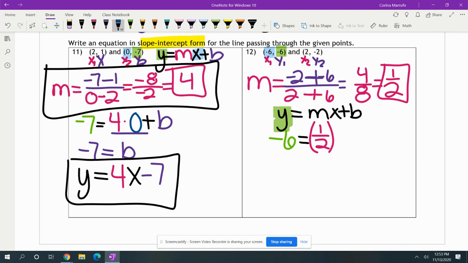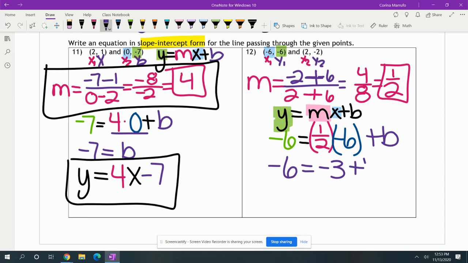Our x value here is -6. And then the b, we don't know what that is. That's what we're trying to find. So here, plus b. All right, so we have -6. We're going to go ahead and take half of -6. Half of -6 is -3 plus b.